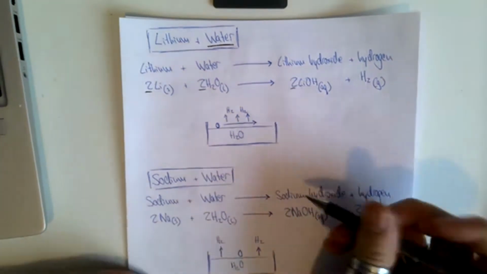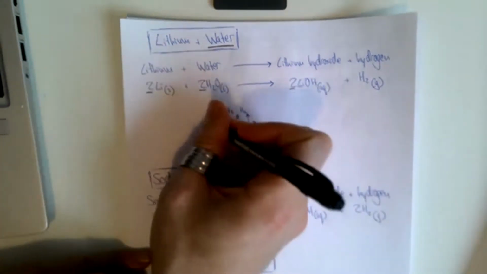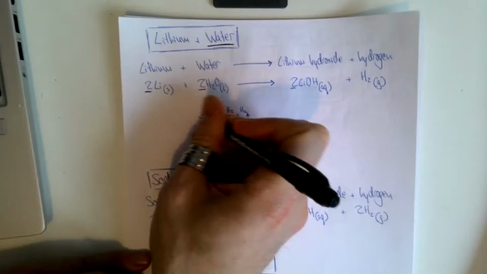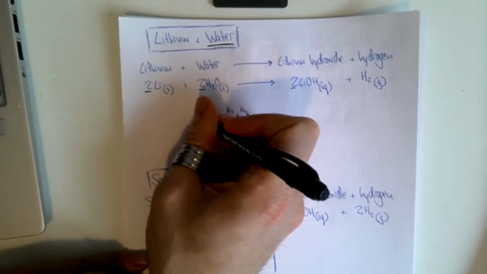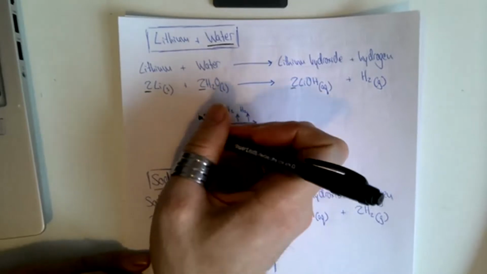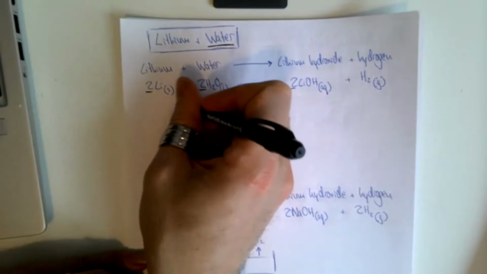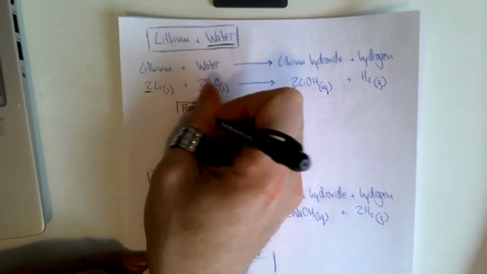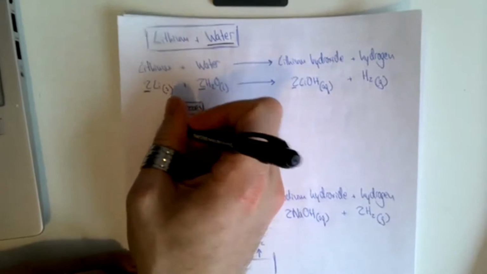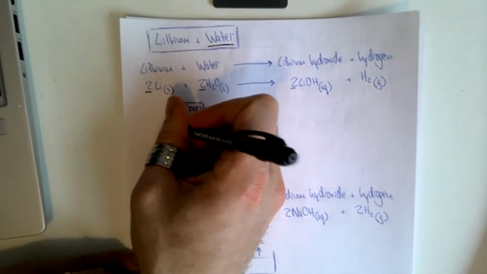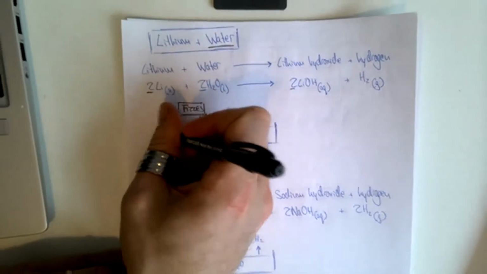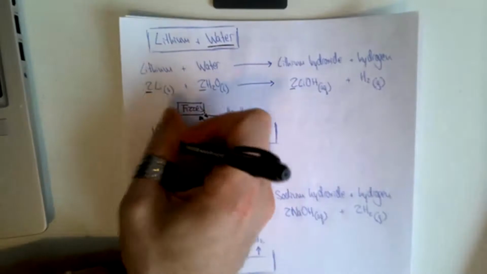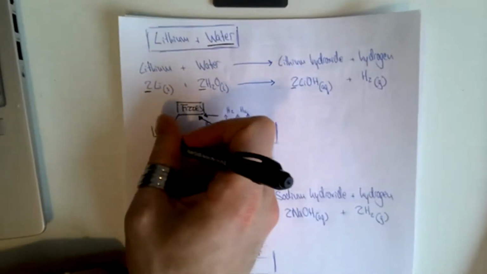Now, first thing to bear in mind is that with lithium, one of the common signs of the reaction is that you put it onto the water and it fizzes. The reason it fizzes is it's producing gas, and as we can tell from the equation, that gas is hydrogen.